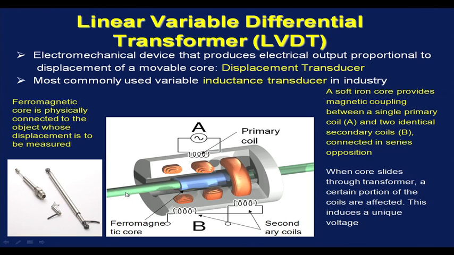So, this soft iron core provides magnetic coupling between a single primary coil and two identical secondary coils. These two identical secondary coils are connected in series opposition.